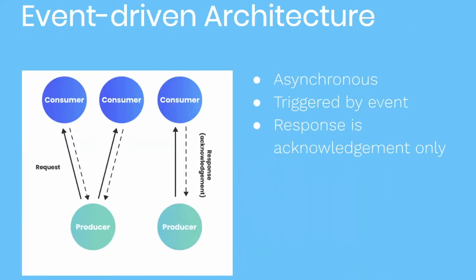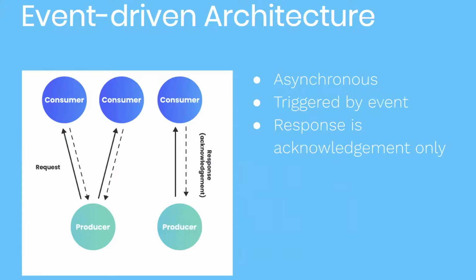But with webhooks, we're moving away from this synchronous request-driven architecture toward an event-driven one, where we're just sending requests in response to events that have happened. There are a few important characteristics here for an event-driven architecture.